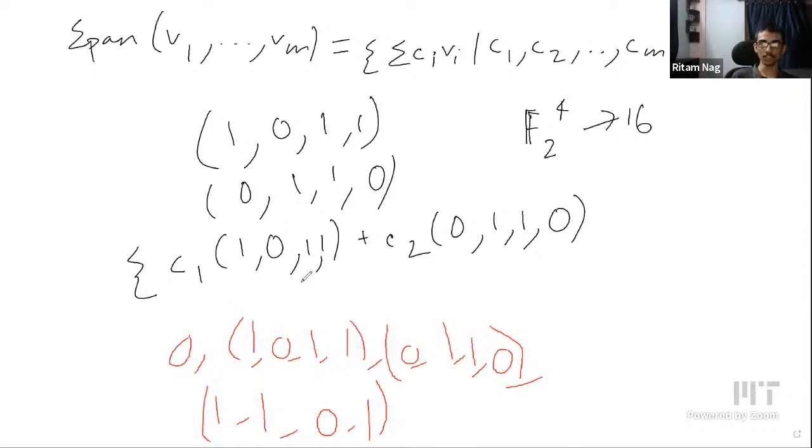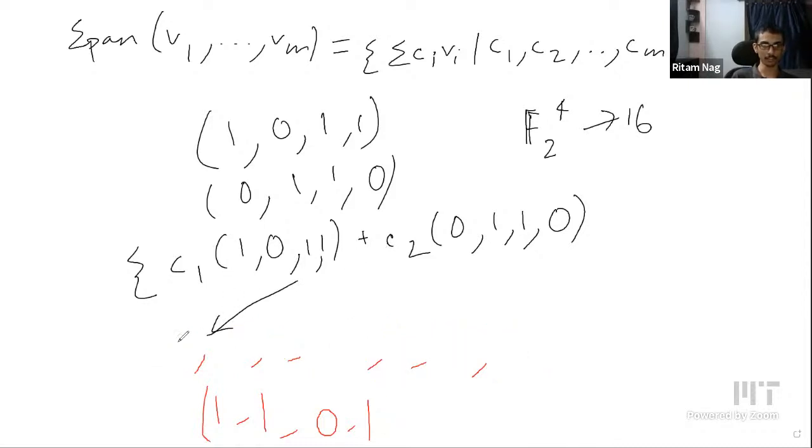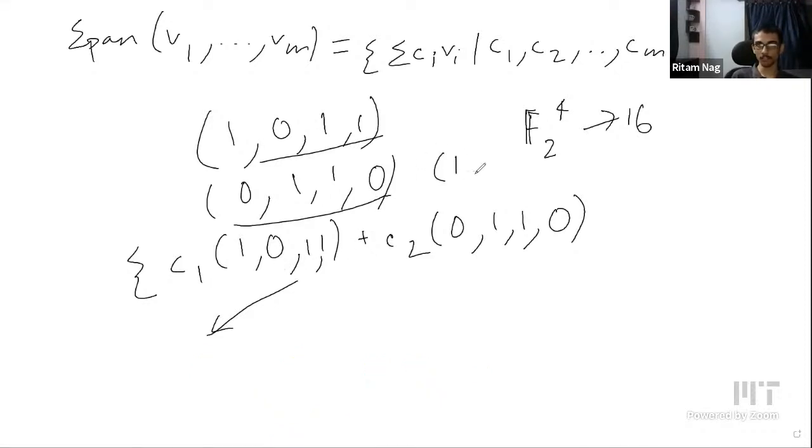If you select both 0, you get the zero vector, 0 0 0 0. If you select 1 and 0, you get the first vector. If you select 0 and 1, you get the second vector. And if you select 1 and 1, you get the vector 1 1 0 1. So these are all 4 vectors in this span.